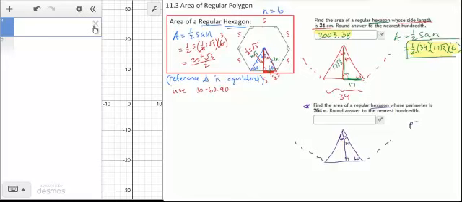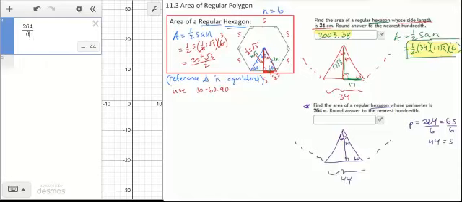So if the perimeter is 264, and perimeter is the number of sides times the side length, S. If we took 264 divided by 6, each side length here is going to equal 44. So this whole thing is 44, which means when we break this down, this leg is 1/2 of 44, meaning this altitude is 22√3, and now we have our information.